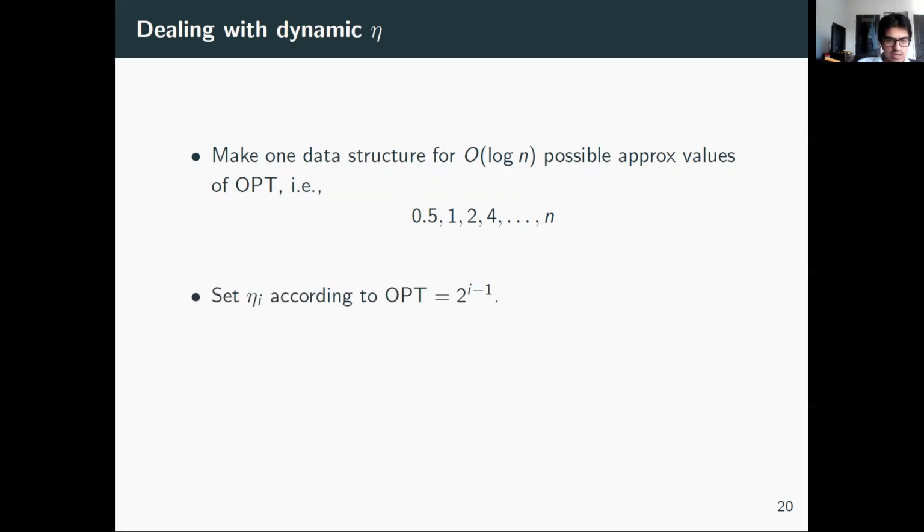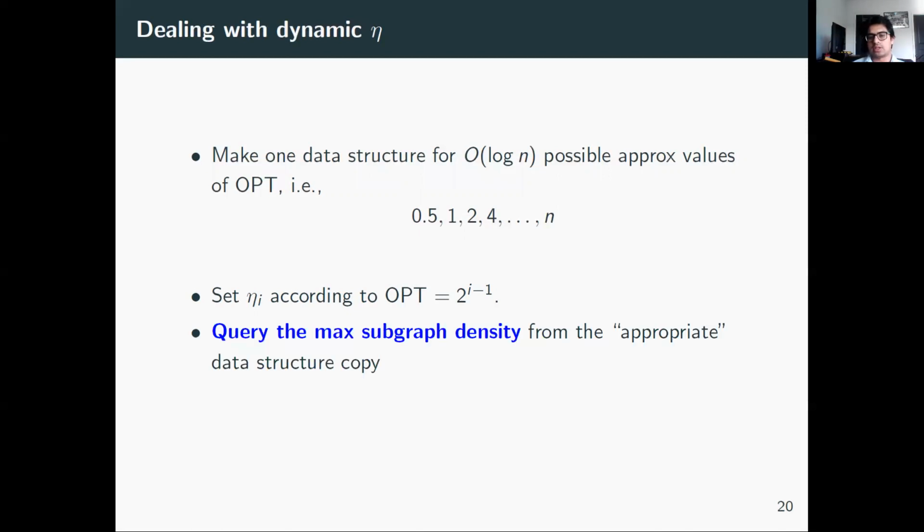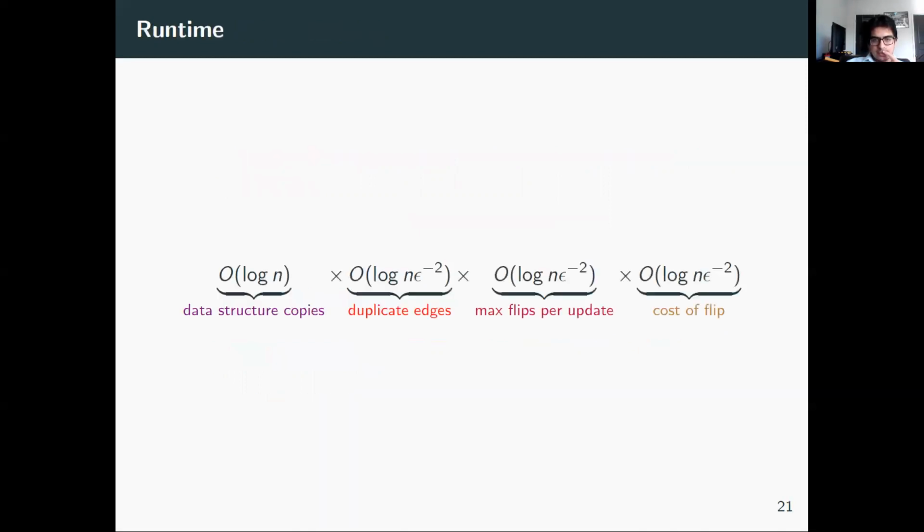According to the value of opt, we set eta i. And once eta i and opt are fixed for that data structure, we only need to worry about that data structure. As soon as the opt changes, we move and worry about the other data structure. And whenever we're querying the max subgraph density, you only query the right one. So that solves that problem.